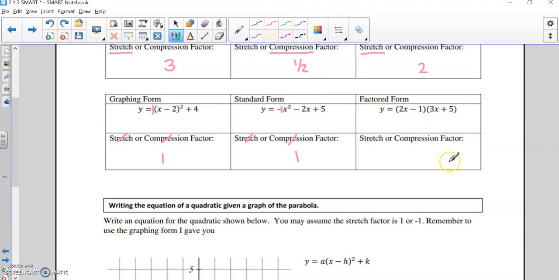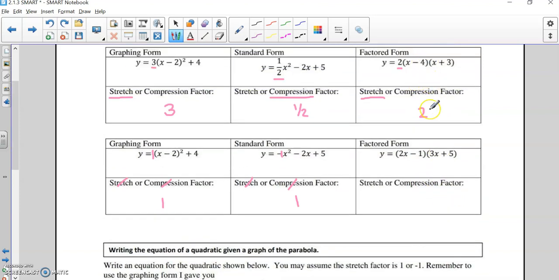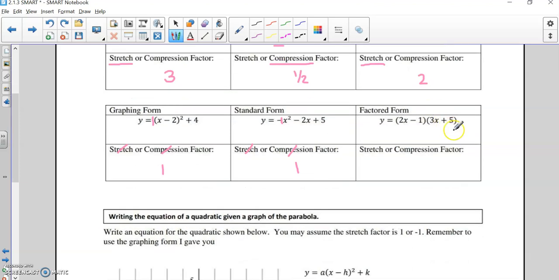All right, one more here. Now this is what I was talking about the last time we did a factored form example. There's no number up front, so we can imagine there to be a 1, but these two, right, if we multiplied both of these binomials out, we would get a term from 2x times 3x, and it would be 6x squared.